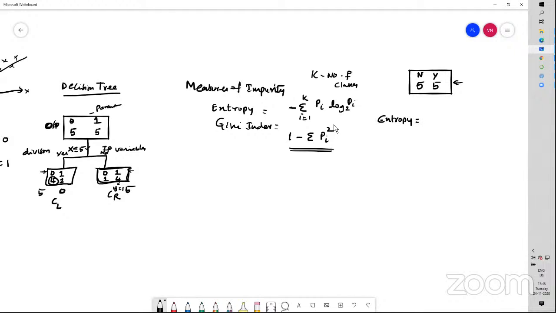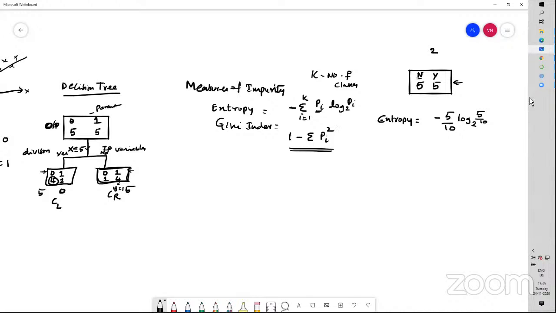How many classes do we have? 2. So that is minus 5 by 10, where pi is the probability of the ith class, so the probability for the No class and the probability for the S class. So minus 5 by 10 log of 5 by 10 to the base 2. This is for the No class.